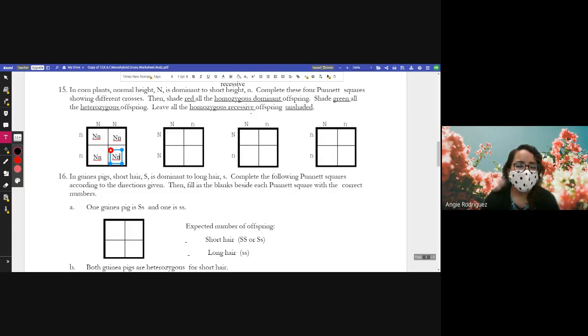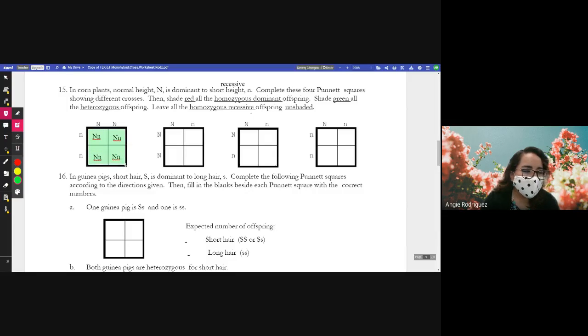Okay? So green is heterozygous. Heterozygous means I'm going to have two different letters, and I do have two different letters. I have a capital N and a lowercase n all throughout this square. So they're all going to be green. Okay, so all highlighted green.